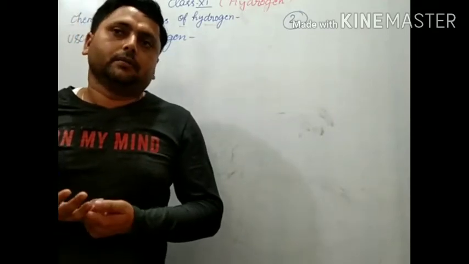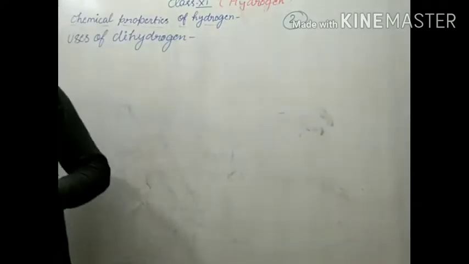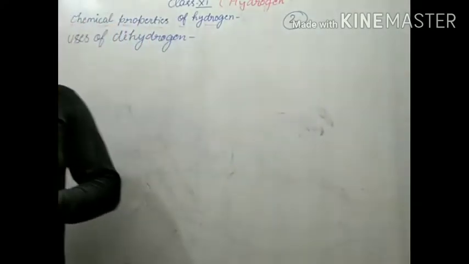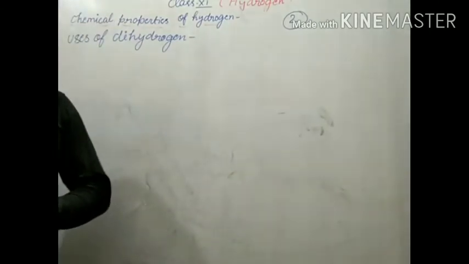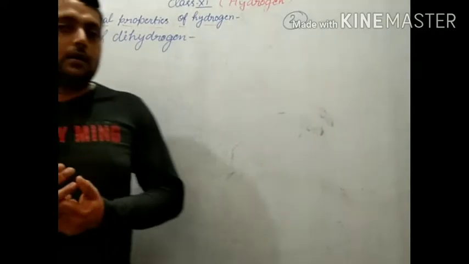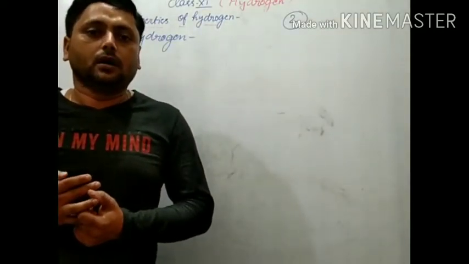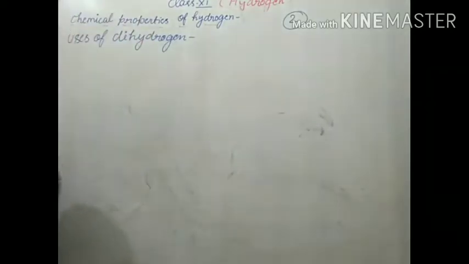It is used for the production of aldehyde and alcohol. It is used for the production of fat. It is used for metal hydride. It is used as a fuel.